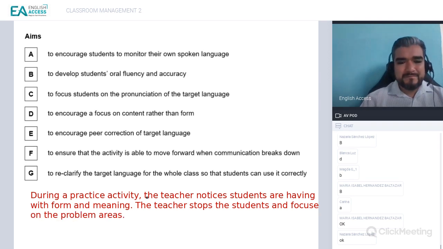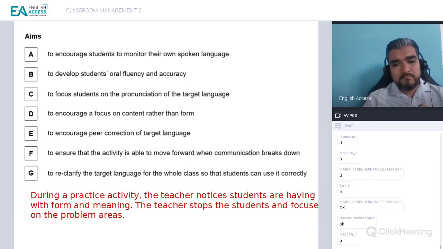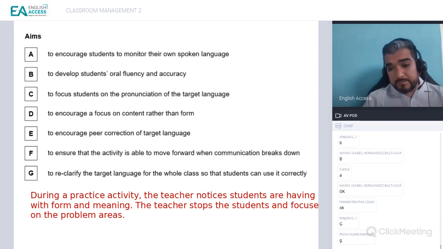During a practice activity, the teacher notices the students are having problems with form and meaning. The teacher stops the students and focuses again on the problem areas. The teacher stops, right, and focuses on the areas.